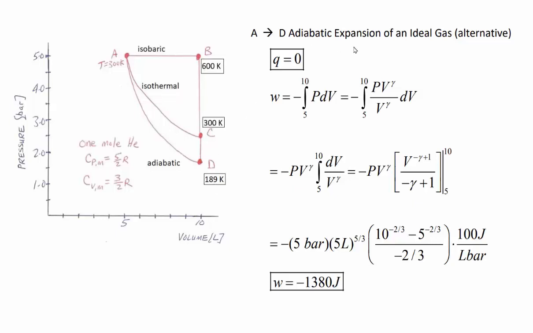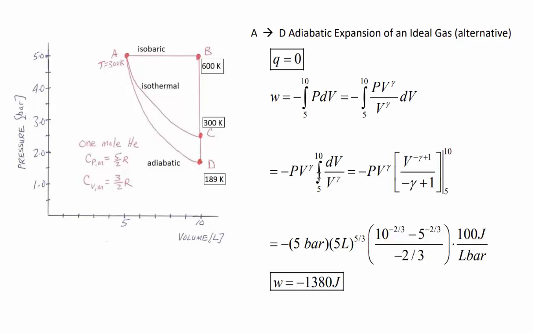We have to apply the adiabatic condition where P times V to the gamma is a constant. So substituting in P, we can plug in PV to the gamma over V to the gamma, and then pull out the PV to the gamma as a constant.